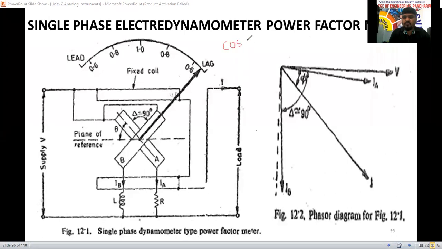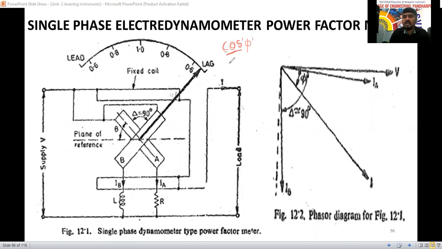So that cos phi, wherever you are going to use the power, you are going to use here. P equal to VI cos phi. This cos phi indicates the power factor. Cos is nothing but the cosine. The phi has a very important meaning here.